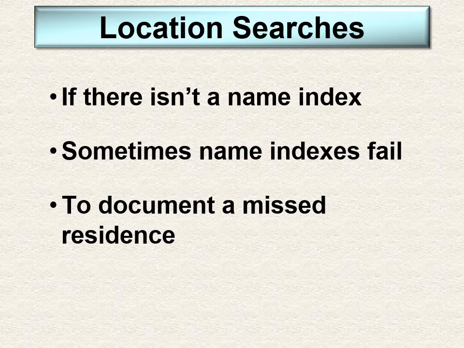Maybe I should try some variations of the name. But if you knew an address and then looked up the district that address was supposed to be in, and found out that the census taker skipped that house, or no one was home and they did not respond to an absentee census form that was left there, then you know that you're out of luck.